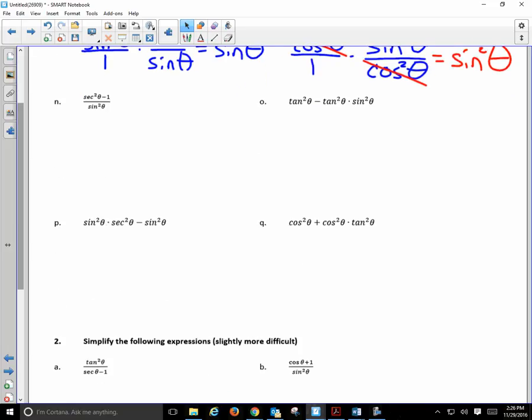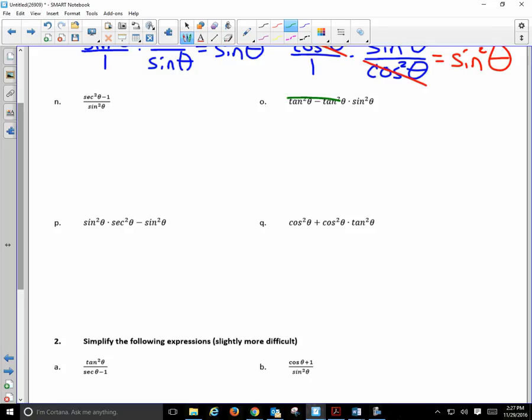What makes O different? We have some multiplication. In fact, if you rewrite that tangent squared as sine squared over cosine squared, nothing good is going to happen. So don't write this down, but I'll show you what a lot of you would like to try to do. Number one, some of you will just cross off the tangent squareds. That's totally illegal.